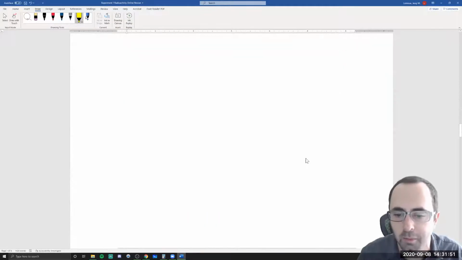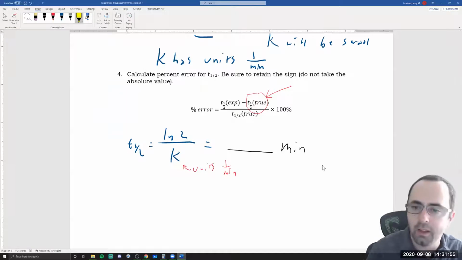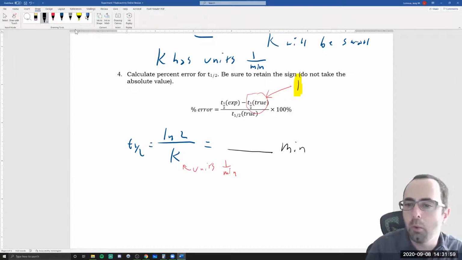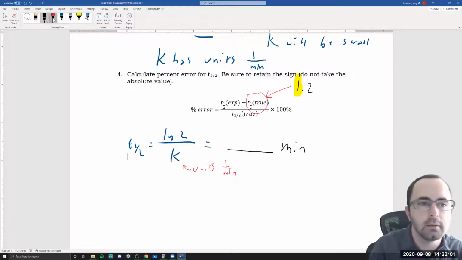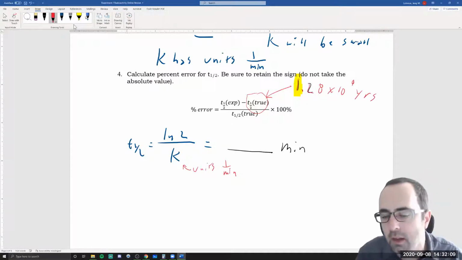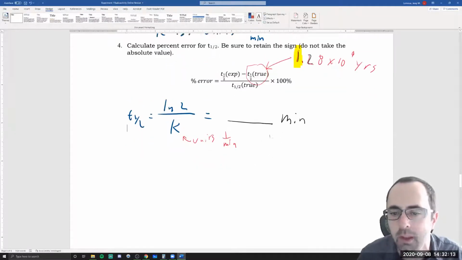That's a really long half-life. This one decays very slowly. So we'll write that there: 1.28 times 10 to the 9th years. Our half-life is going to come out in minutes, and we're going to have to convert that to years before we can compare them.